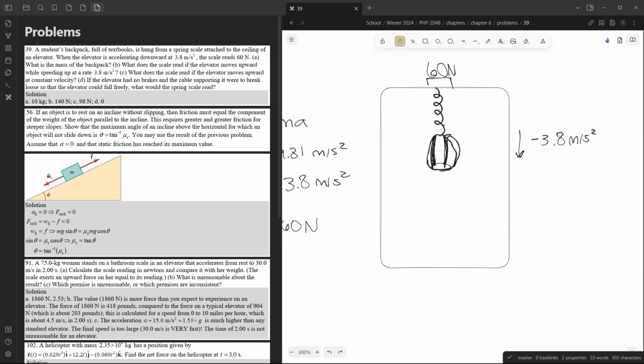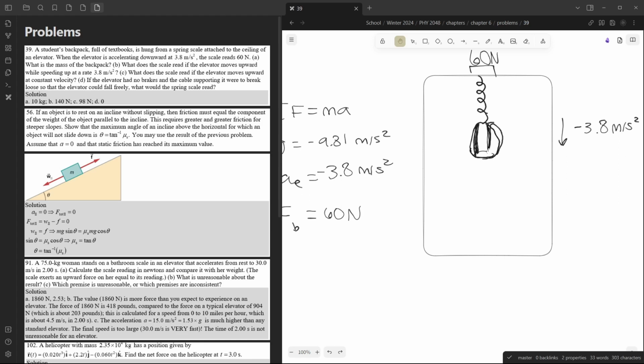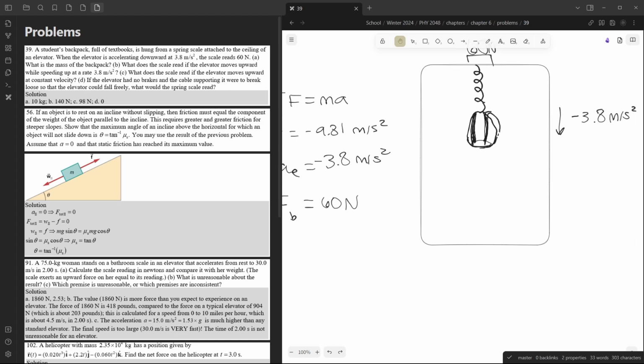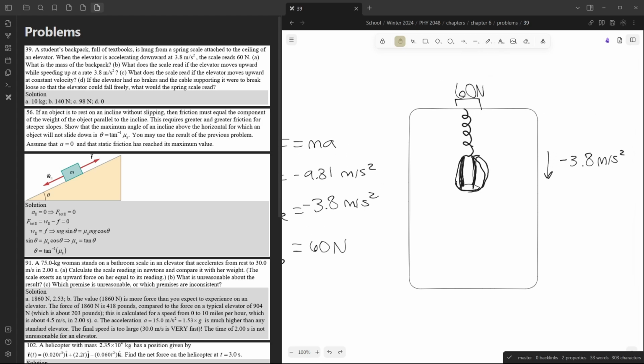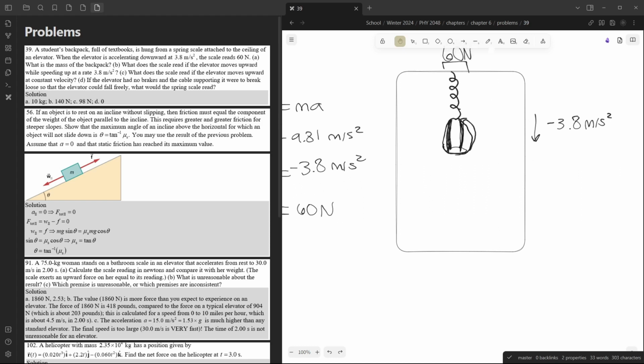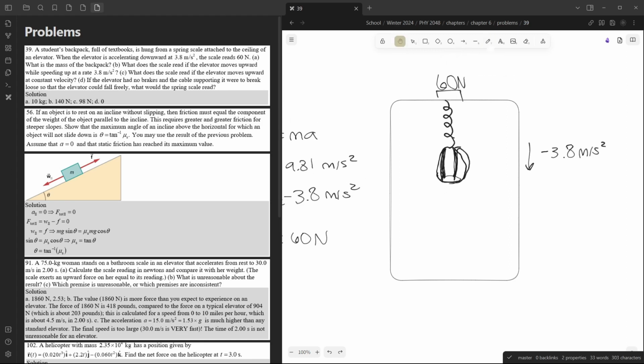And you want to think about it logically. The scale is reading how much force downward the backpack is putting on it. The backpack is going to put less force on the scale because the scale itself is accelerating towards the backpack, if that makes sense. The scale is reading how much it's extending, and the backpack is pulling away from it.